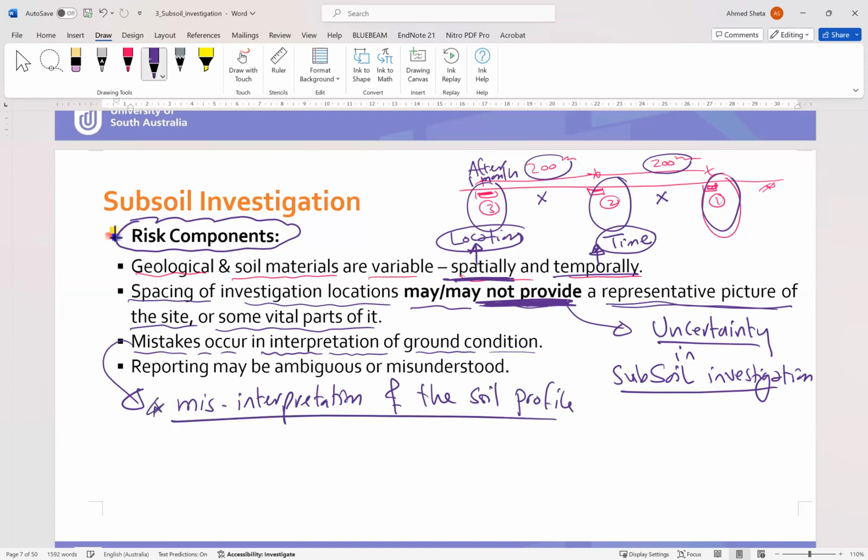This is also one of the risks. Also, in some cases, we may have error in the reporting due to the previous point, which is misinterpretation of the soil.